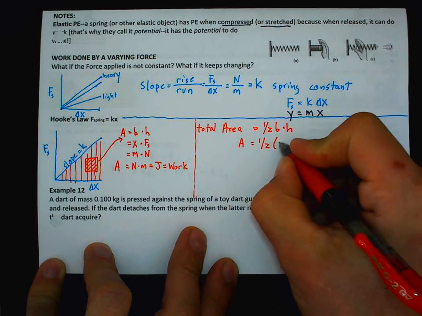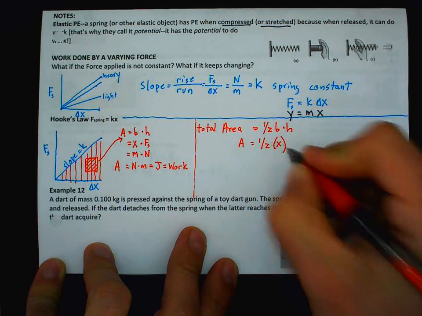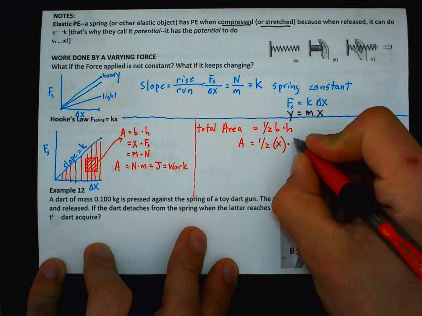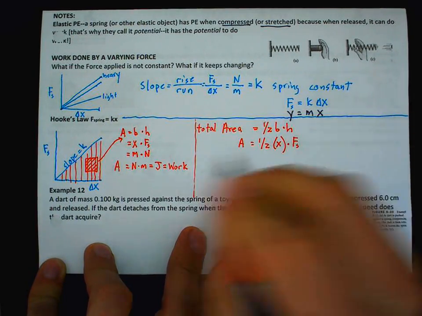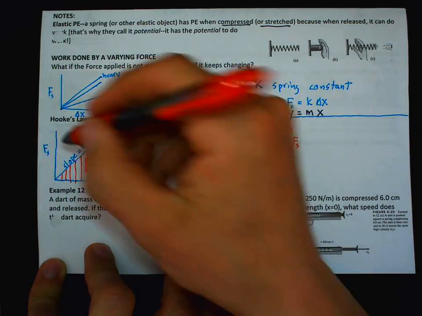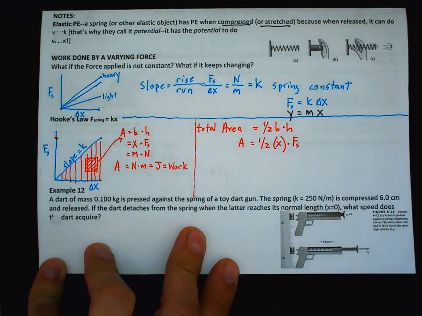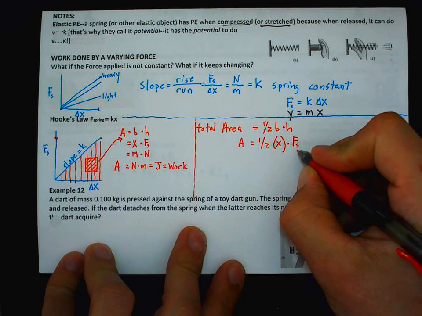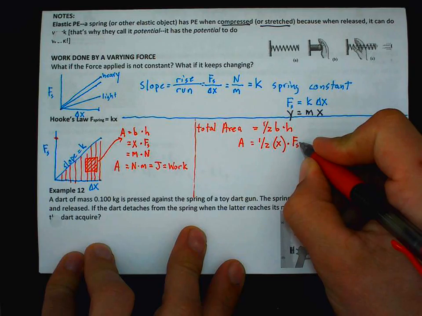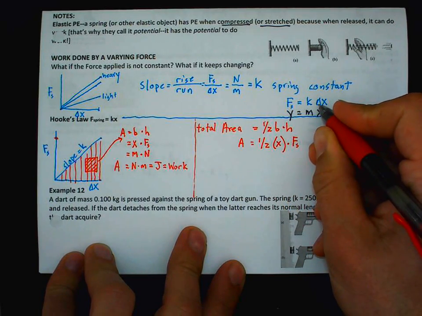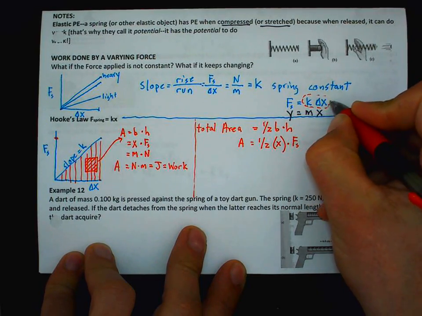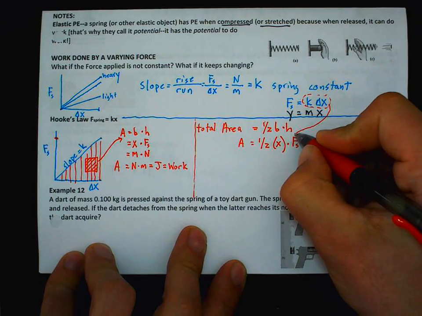The base is x, or we could say delta x if we wanted to, times the height, which is whatever force is on the spring. Notice that force keeps changing. We're going to be looking at the maximum force there. From up here, we know that the force is actually k delta x. So I'm going to take this and sub it in right there.